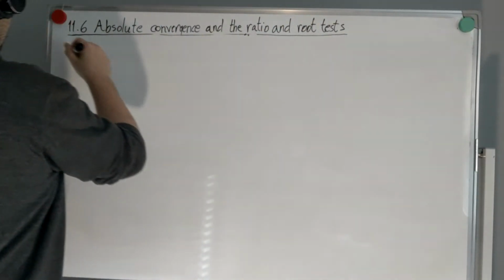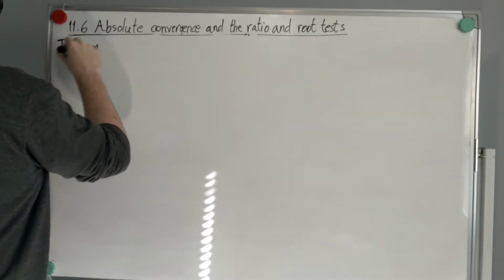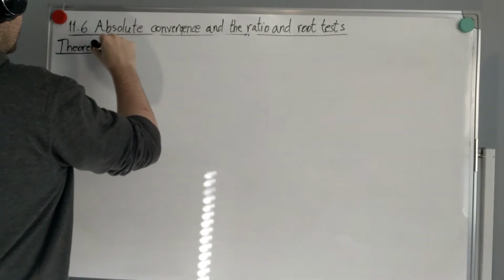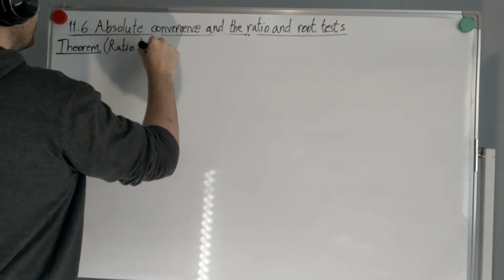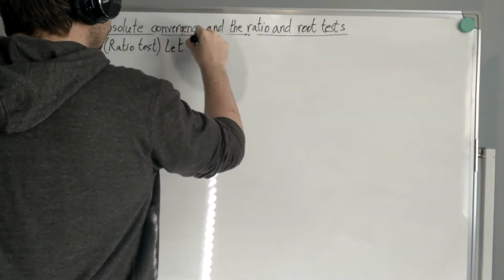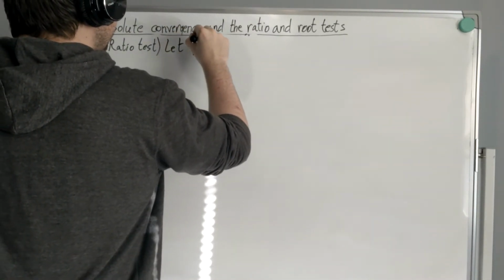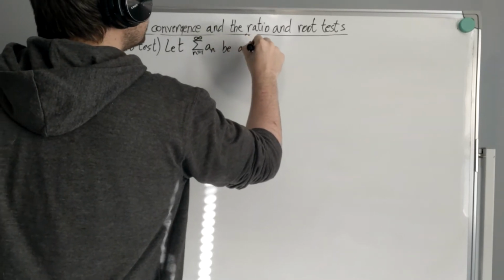This one is called the ratio test. So this is the ratio test. Let the sum from n equals 1 to infinity of an be an infinite series.